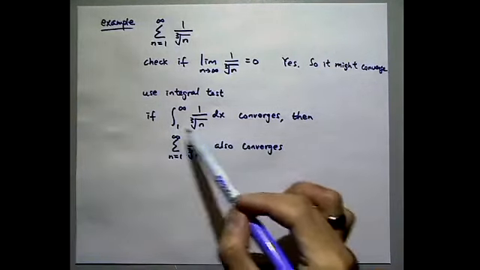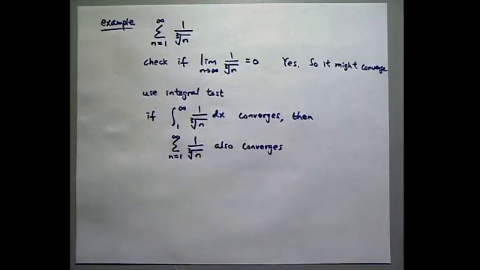When I calculate the improper integral, if it turns out to be convergent, then the series also converges.